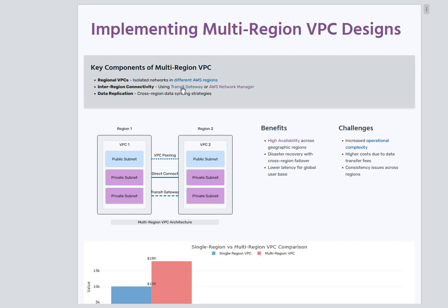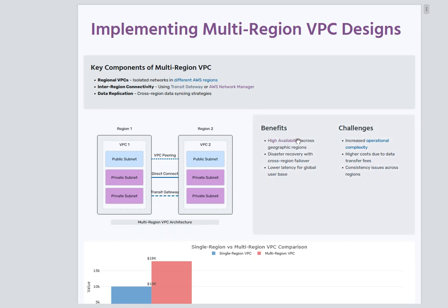For inter-region connectivity, use Transit Gateway or AWS Network Manager. For data replication, use cross-region data syncing strategies. You can connect using VPC peering, that's a backbone network, or Direct Connect, or Transit Gateway, these three ways.